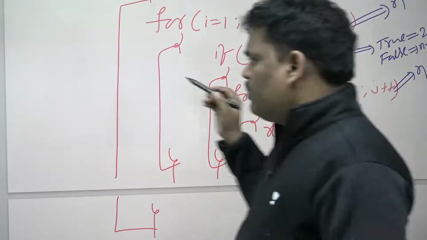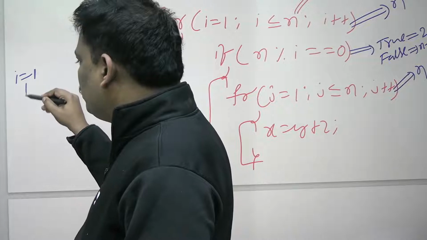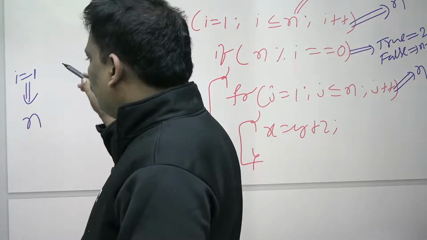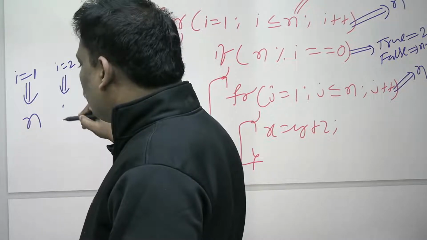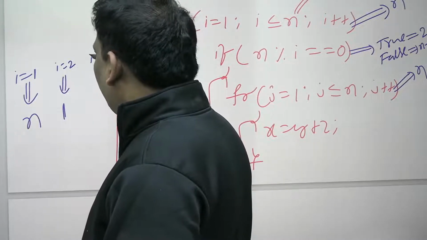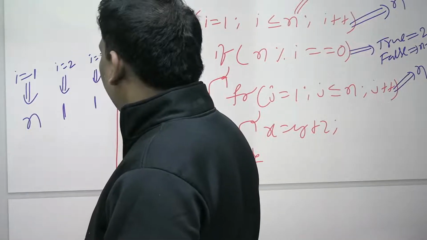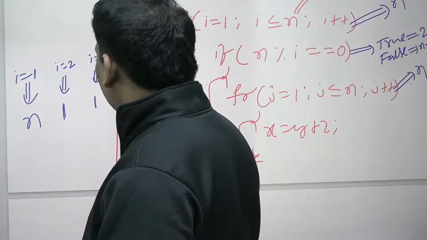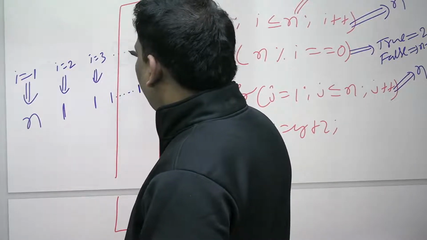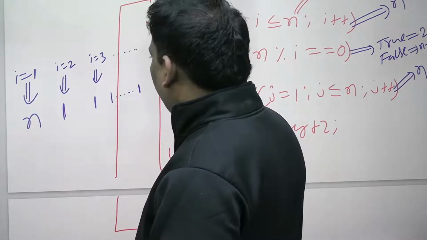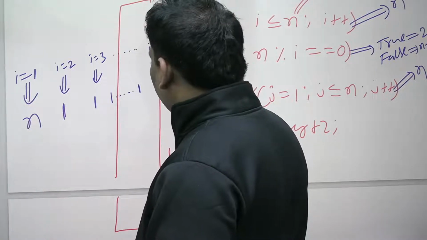Now see this. For i value 1, you go inside the j loop n times. For i value 2, you try to go but cannot, constant time. For i value 3, also constant time. So everything is 1, 1, 1 here. For i value n, the j loop works, so n.